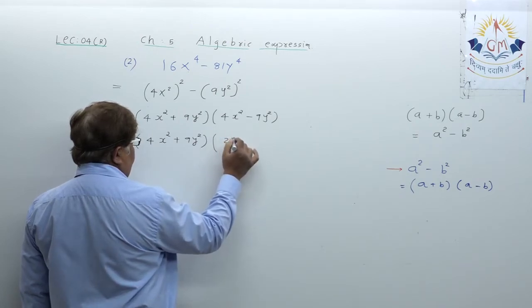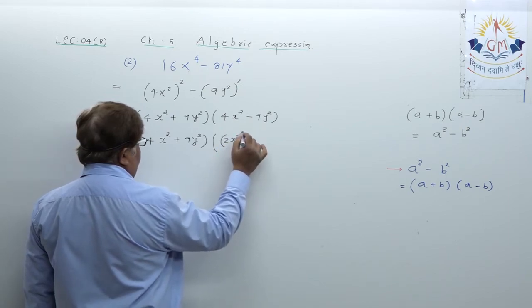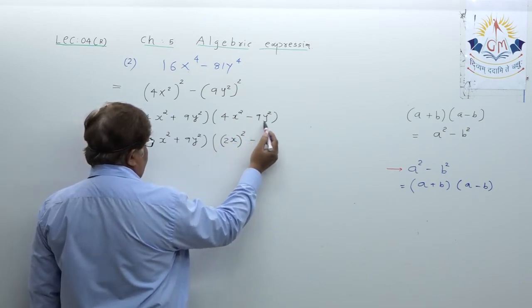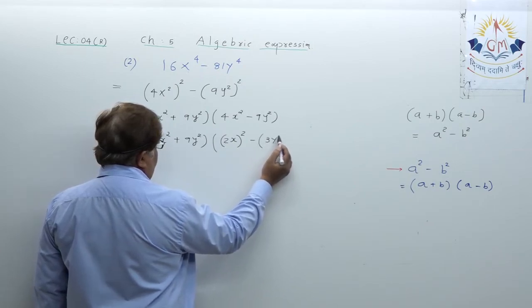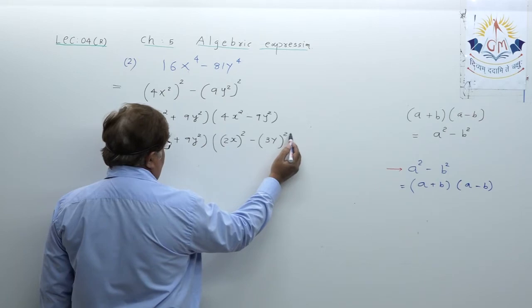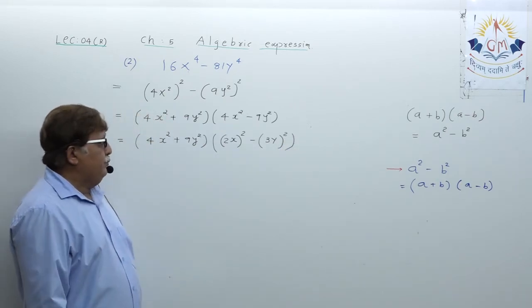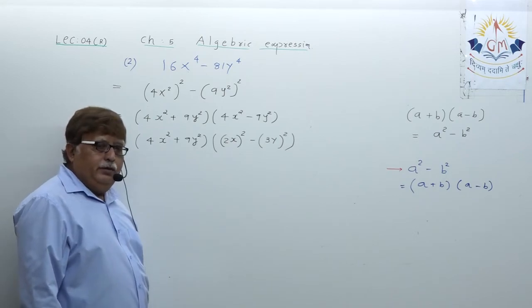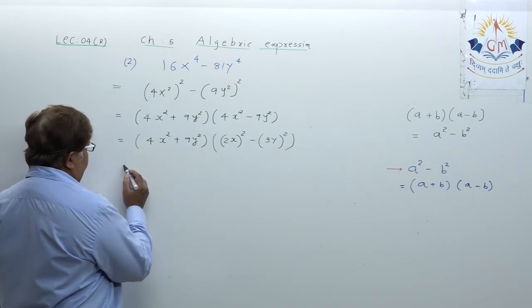Square root of this, 2x whole square minus square root of this, 3y whole square. Close the bracket. a square minus b square.